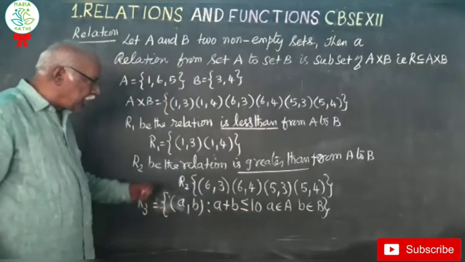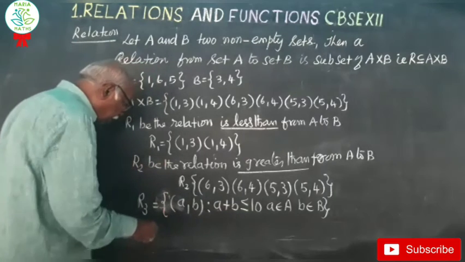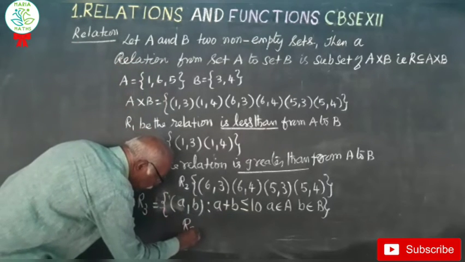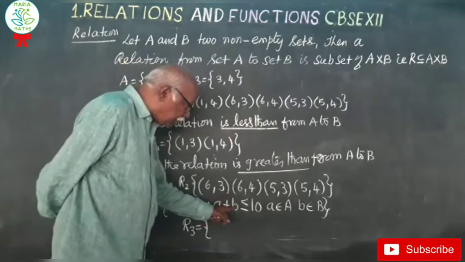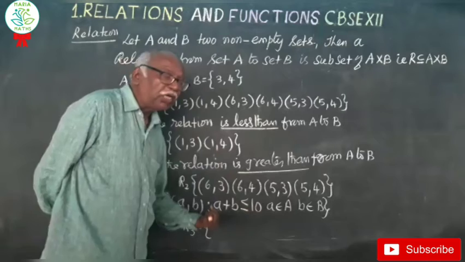Now, what are the elements in R3? We have to add both the elements, and check whether the sum is equal to 10 or less than 10.